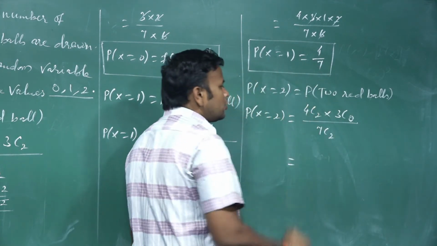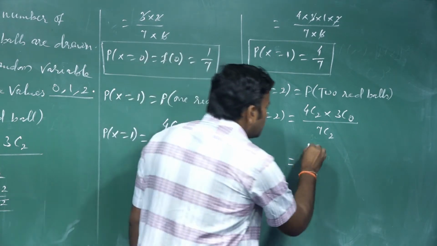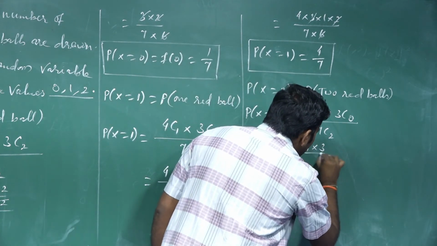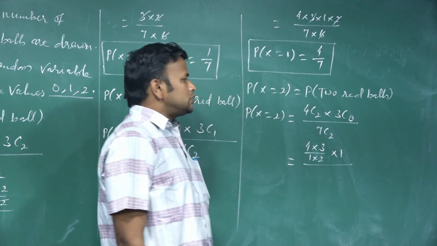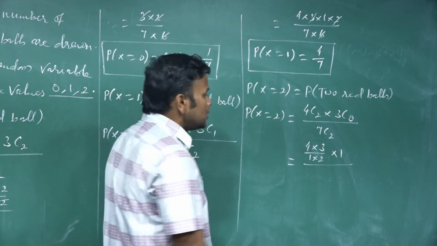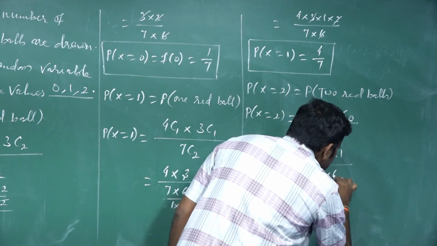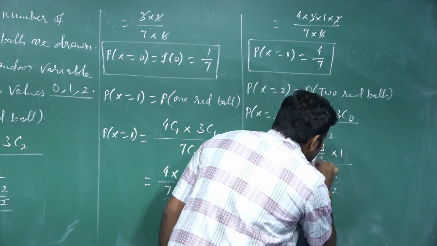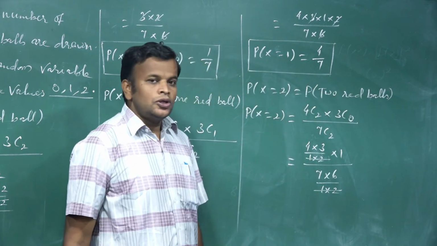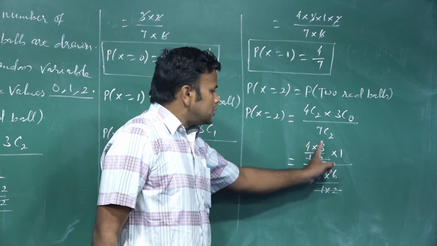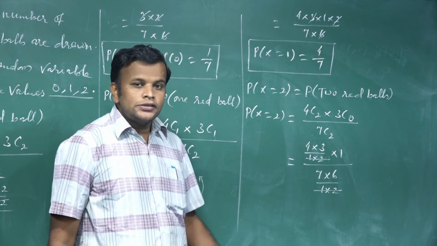So 3C0 by 7C2. The value of 4C2 is 4 into 3 by 1 into 2. The value of 3C0 is 1, by 7C2, 7 into 6 by 1 into 2. I cancelled 1 into 2 with 1 into 2. What is remaining? 4 into 3 by 7 into 6.